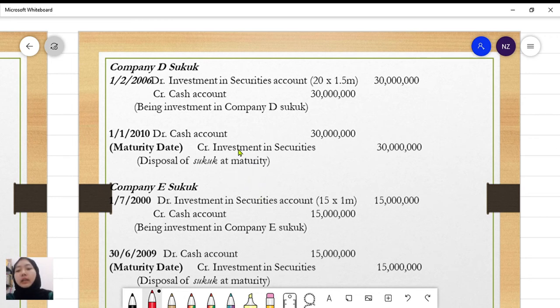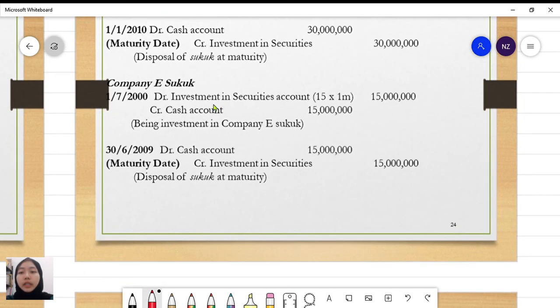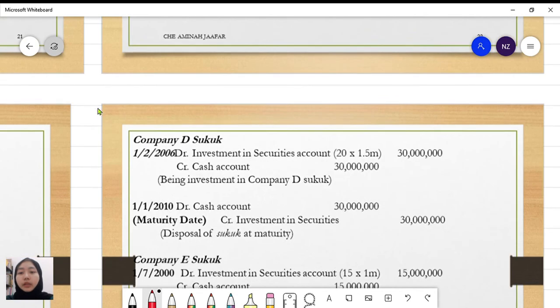And then for company E's sukuk, why did I not record the recognitions of profit for company D's sukuk? Because the question does not mention that company D received any profit. Unlike company E. For company E, it said it received profit, based on the question.